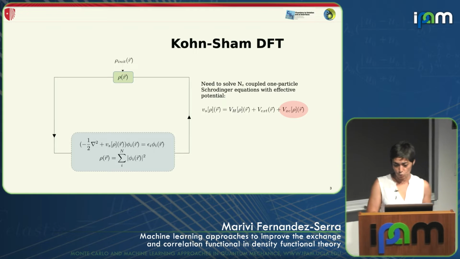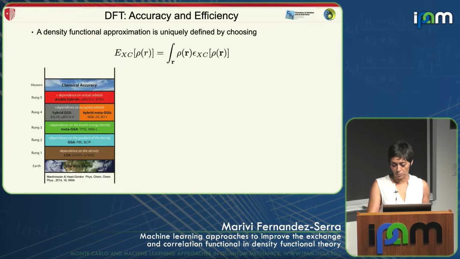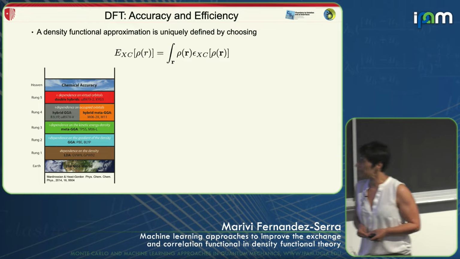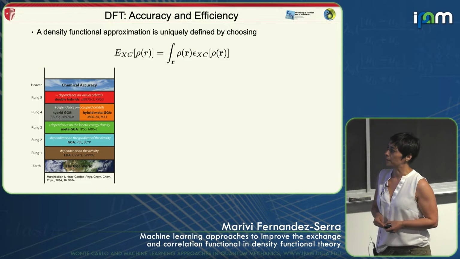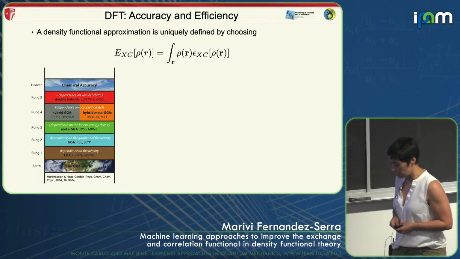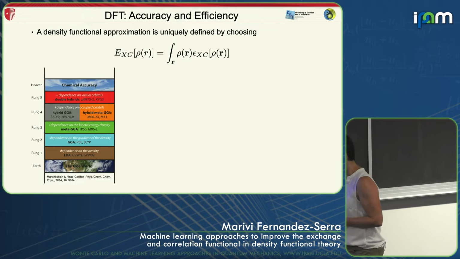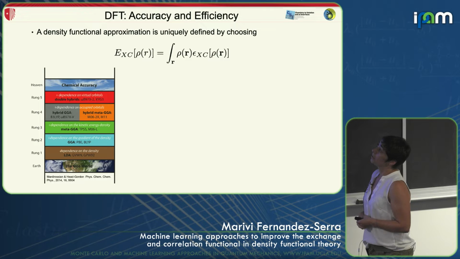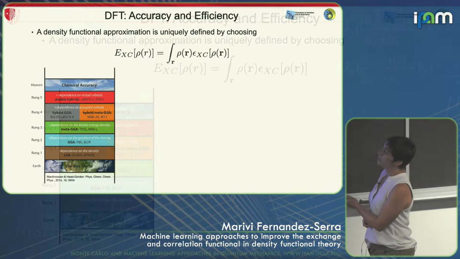But I also want to motivate what we do from a more physical point of view. So let me start saying something that I think has been repeated very much throughout the workshop. Of course, our density functional approximation is basically uniquely defined by this integral in here.